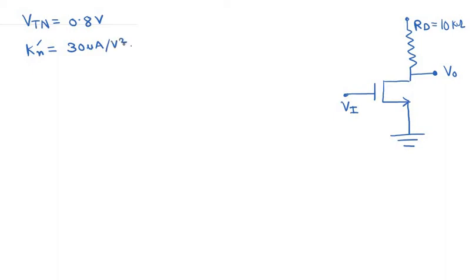Okay, so these two pieces of information are given to us, and we are also given that V0 is equal to 0.1 volts when Vi is equal to 4.2 volts. Okay, and you are asked to find out W by L for the transistor.